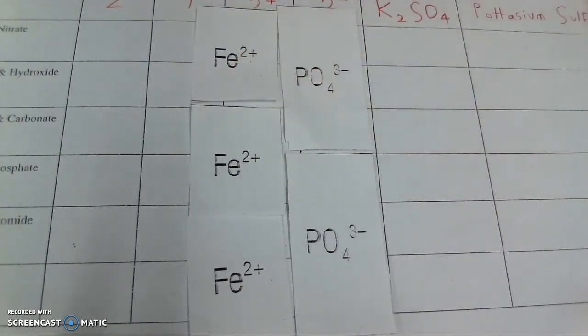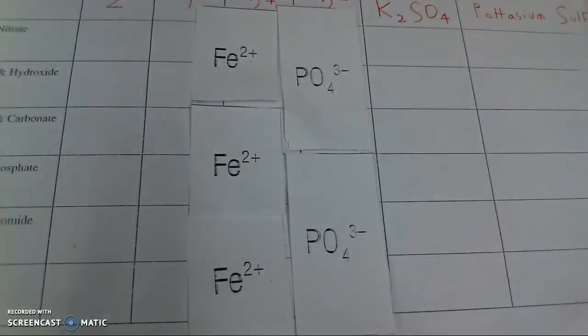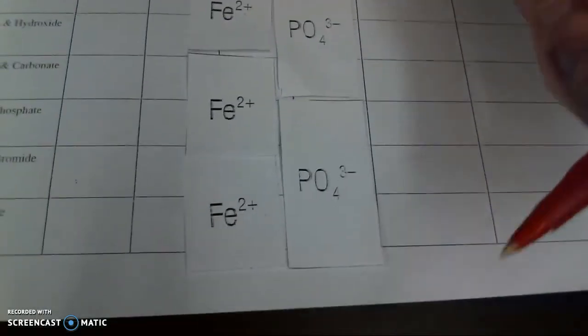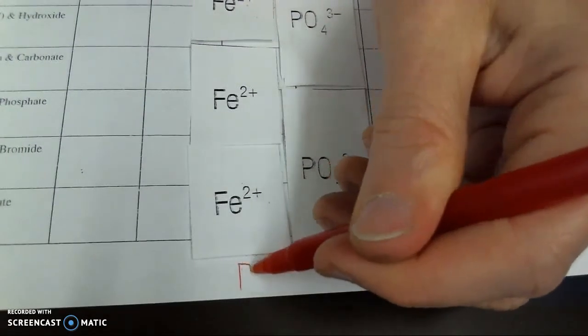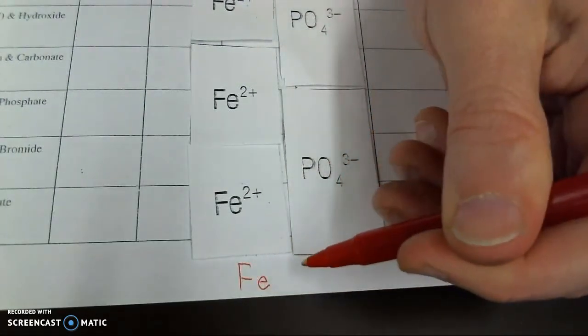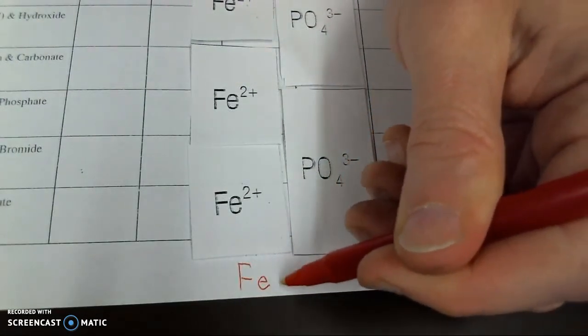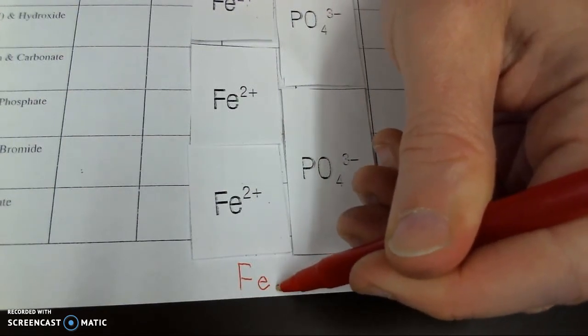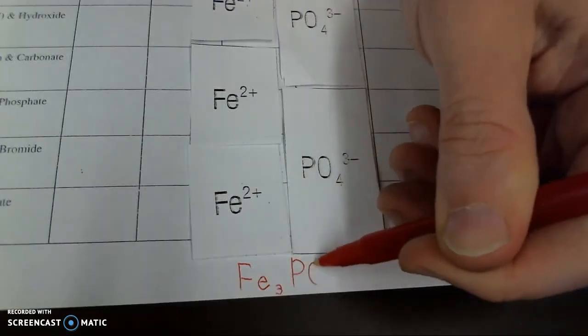All right? So in order to write this, we would write iron, Fe, and there's 3 of them, so we need to have a 3. And then we would have phosphate, PO4.